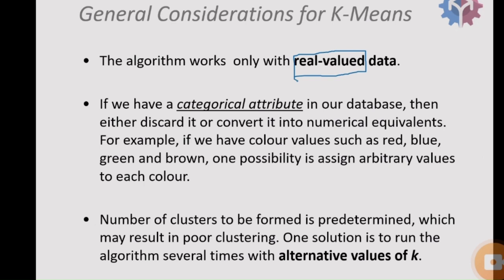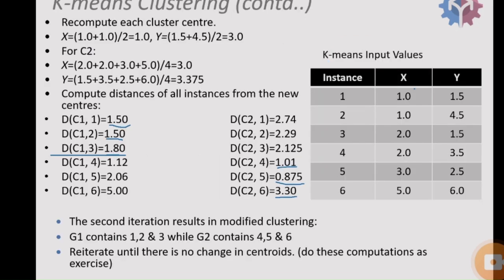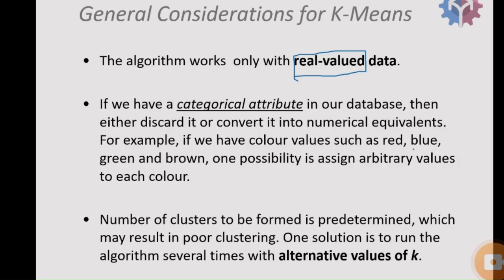Categorical data means things like male, female, genders, or colors, red, green, blue. How would you take the Euclidean distance between red, green, and blue? You understand that? It only works with real numbers, meaning numbers like these. So only attributes with real numbers can be used in k-means.